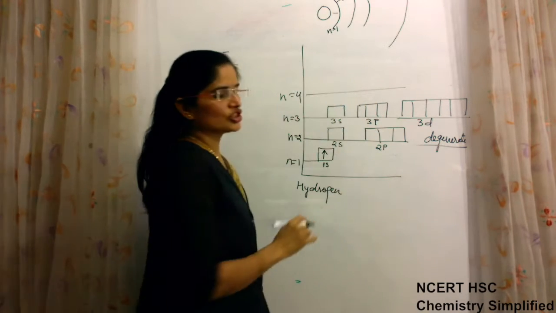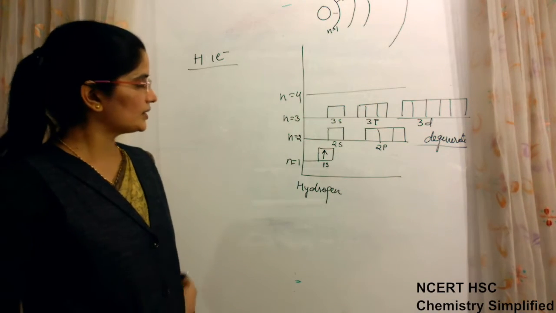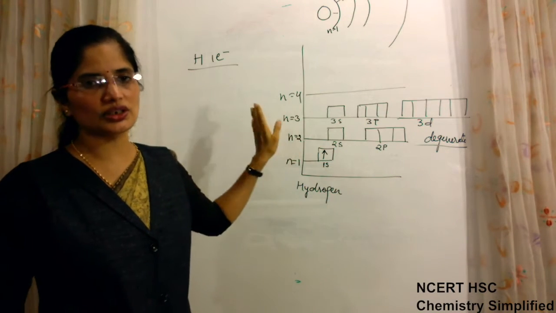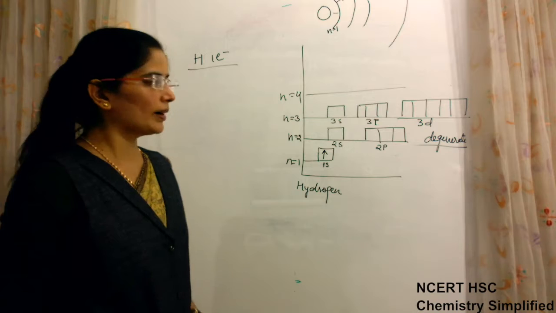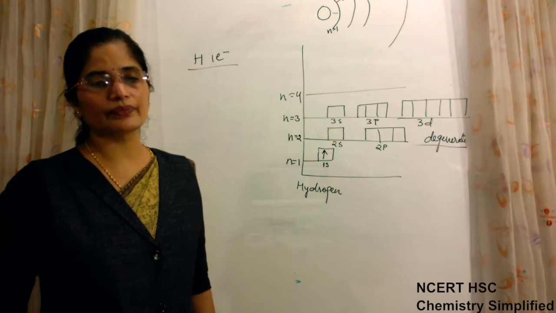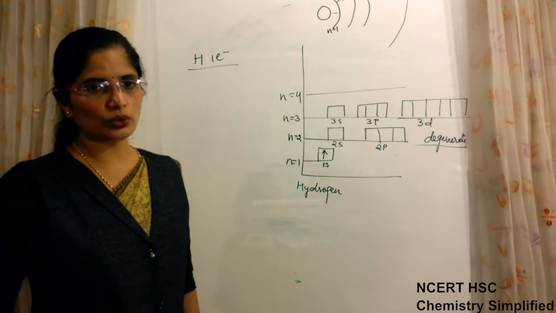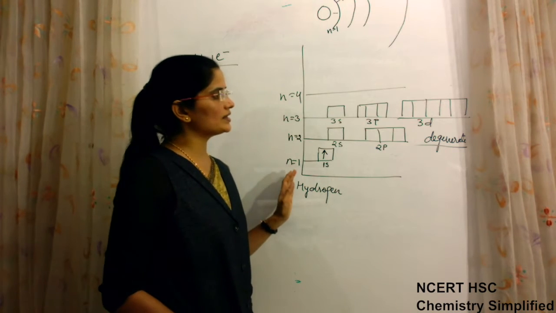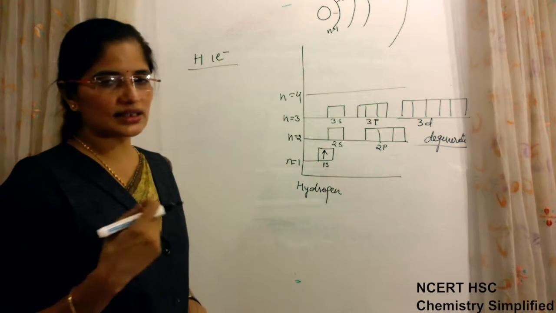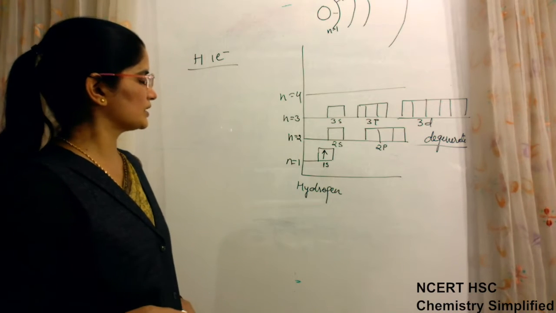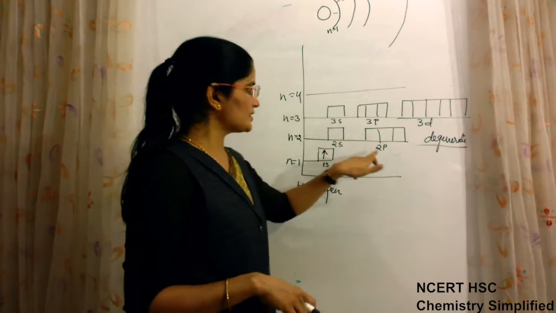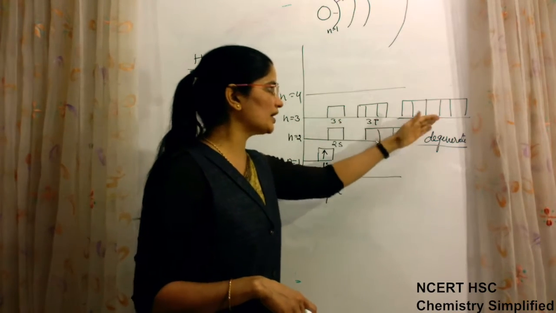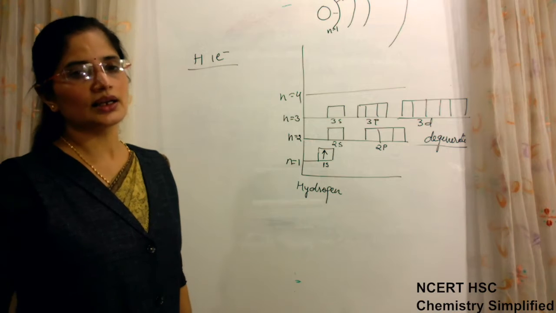So these subshells are degenerate in the hydrogen atom. But this is not the case with other atoms; it is only the case with hydrogen. In other atoms, this sequence gets changed, and we have to see what the change is. Here 2s and 2p are degenerate because their energies are the same, and 3s, 3p, 3d are degenerate because their energies are the same.